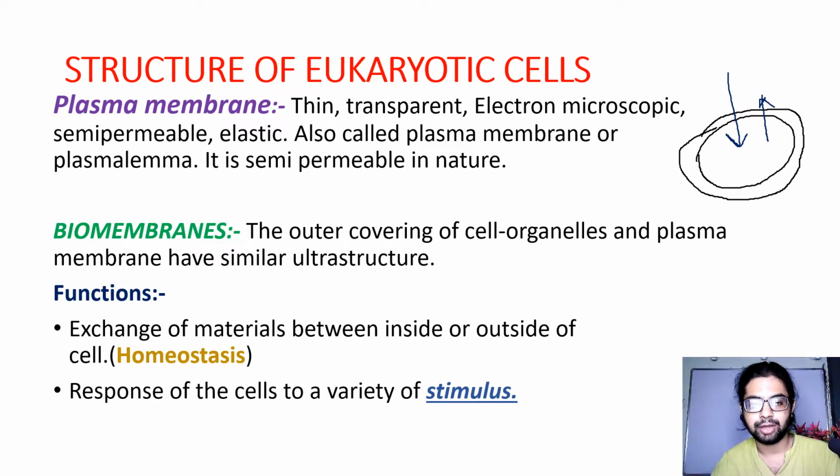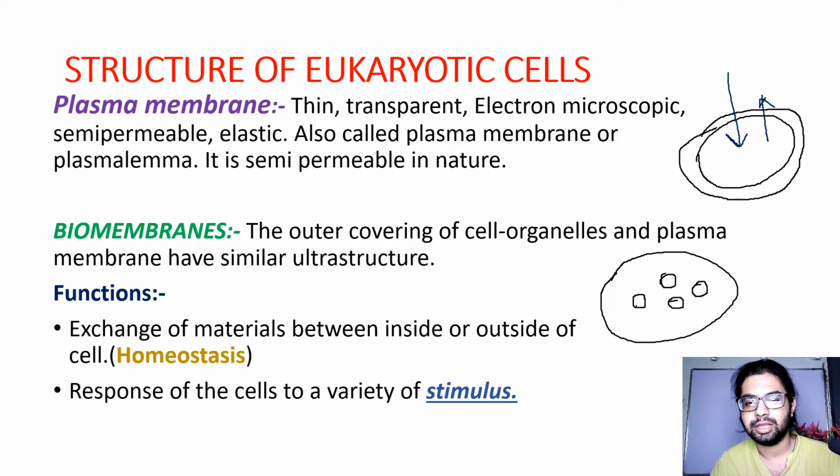Now what are biomembranes? The outer covering of the cell organelles. In eukaryotic cells, all the cell organelles present in the cytoplasmic matrix or cytoplasm are covered, and these coverings are named biomembranes.